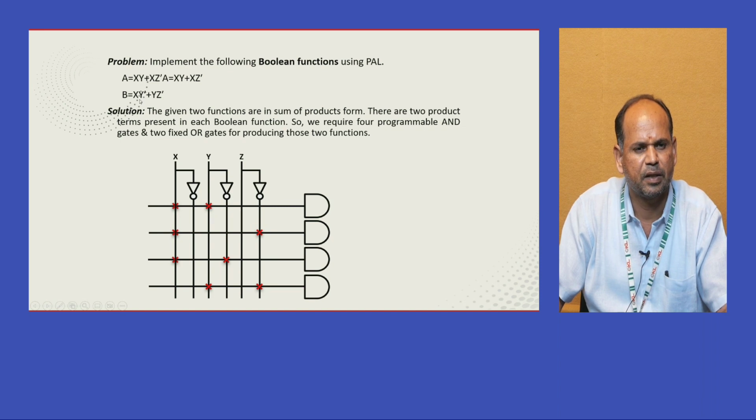Whereas the second output B is equivalent to xy bar, indicate here X and Y bar with the intact fuse. The second min term is yz bar, that is Y is the buffer and Z bar is the complementary symbol.